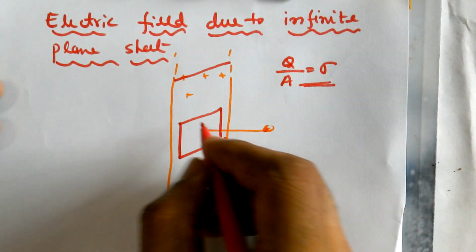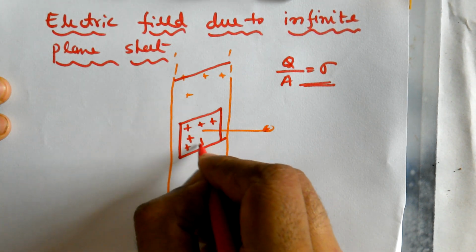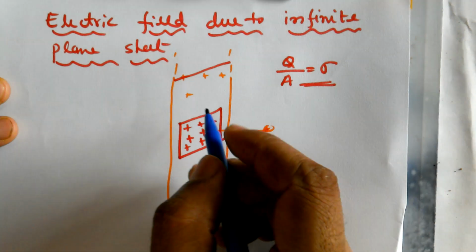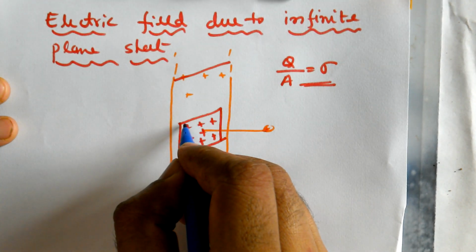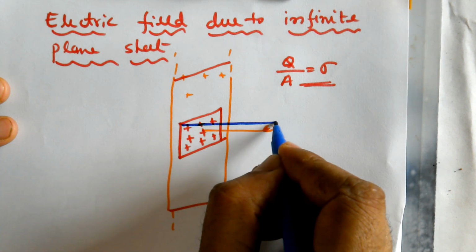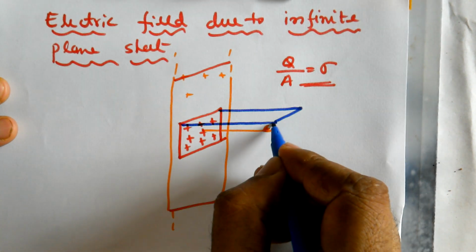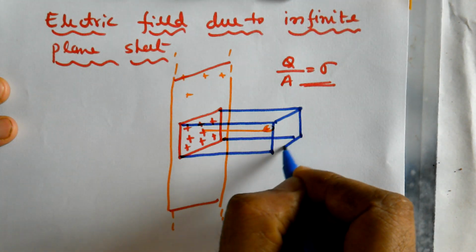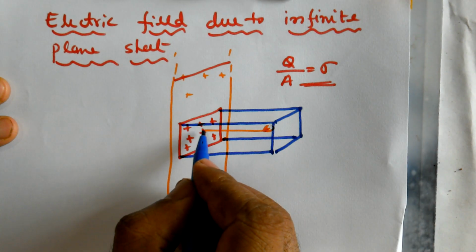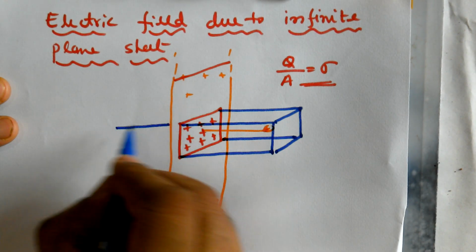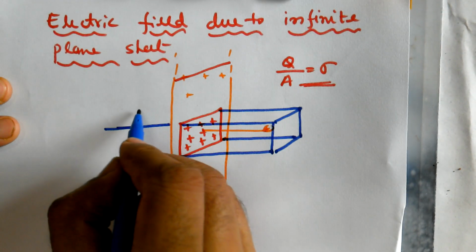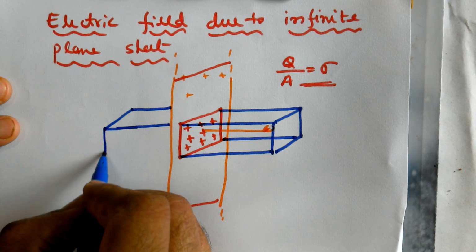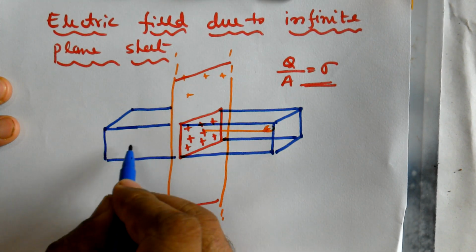Now, in order to enclose the charge distributed over area A, I will assume a Gaussian surface like a cuboid or pillbox. I will imagine a box like this so that it covers this area which contains charges, and on this side also, because charges are distributed on the other side too, at the same distance.